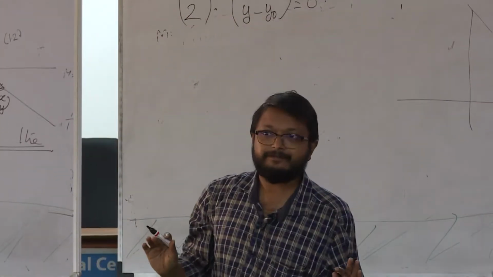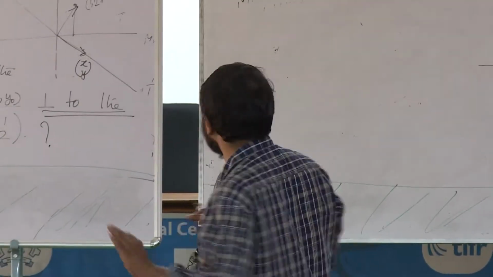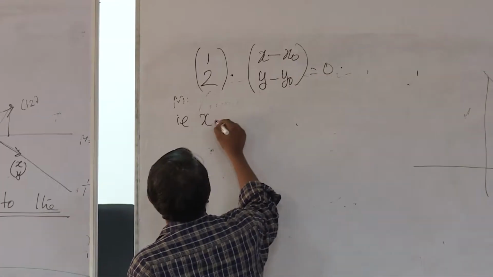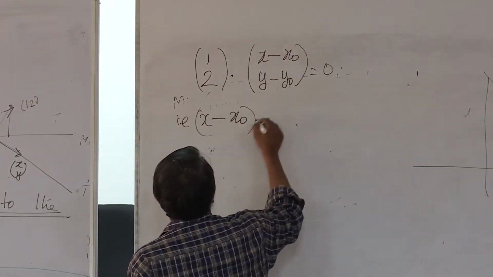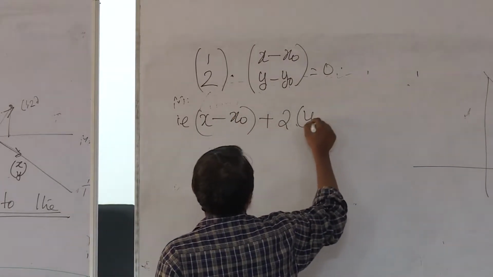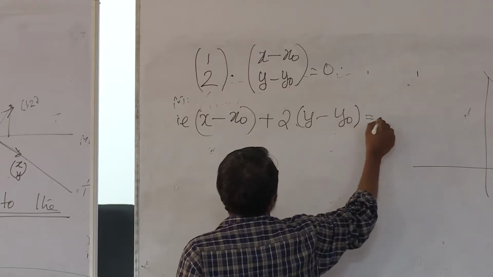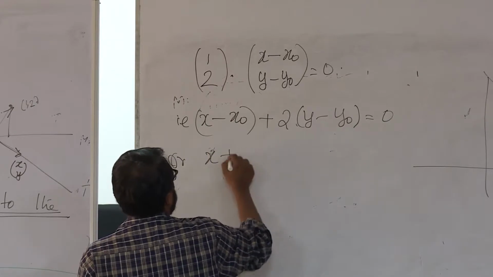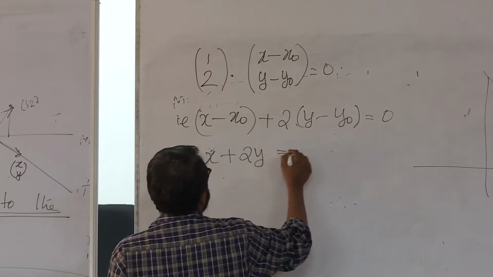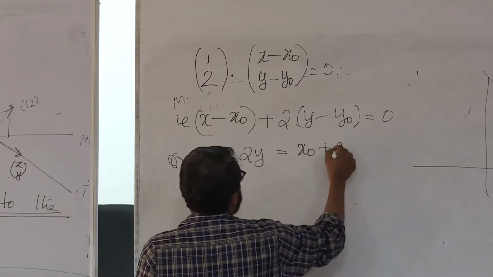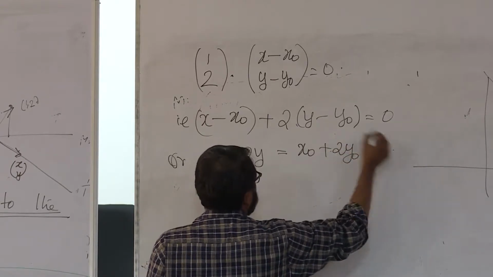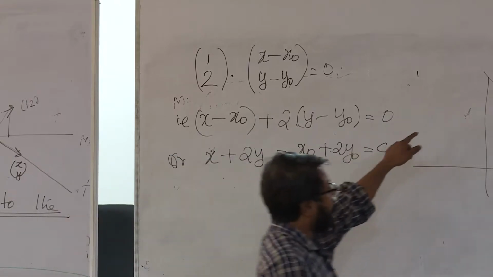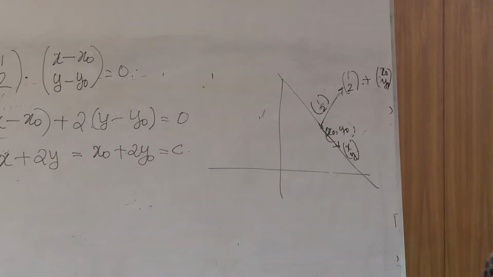Agreed? So, what is this? That is x minus x naught plus 2 into y minus y naught equal to 0, or x plus 2y equal to x naught plus 2y naught, which will be some constant, right? So you get the equation to the line as x plus 2y equal to c.